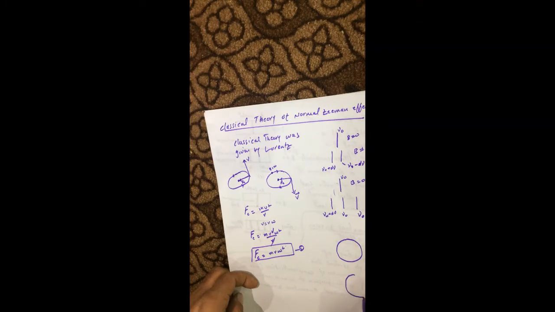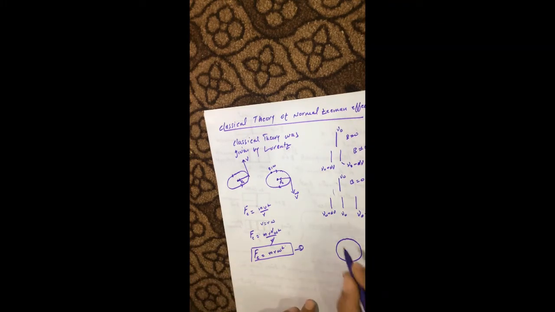Either the motion is clockwise or anti-clockwise, so I'll consider both the cases. This is clockwise motion. The velocity is always tangent to the circle and the centripetal force is always directed toward the center. This is the centripetal force. Here we have anti-clockwise motion of the electron.